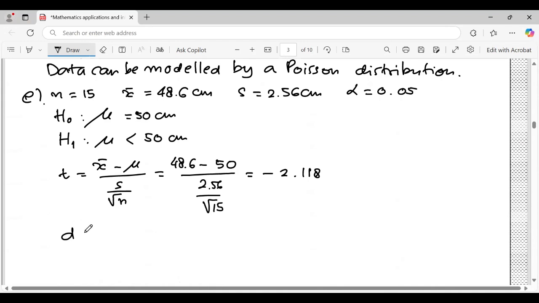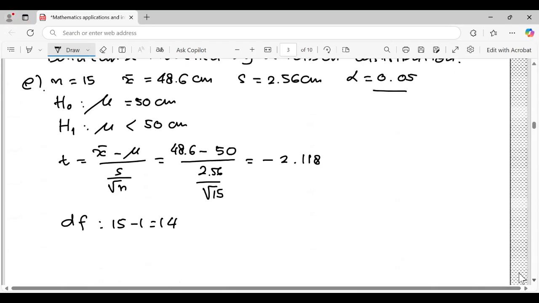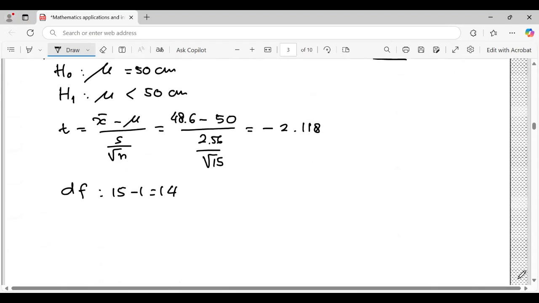Next, we are doing a one-tailed t-test with degrees of freedom equal to n minus 1, so 15 minus 1, 14 degrees of freedom, and significance level 0.05. From the t-distribution table, or using a calculator, you can determine the critical value.